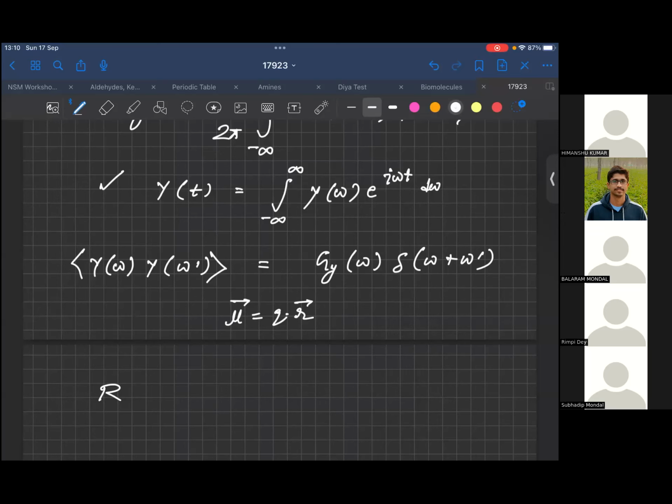So they actually compute the velocity autocorrelation instead of the dipole autocorrelation. I asked her why they are doing this, and she answered that if our dipole function is q times r... I didn't quite understand that, but I don't know why they are computing velocity instead of dipole.